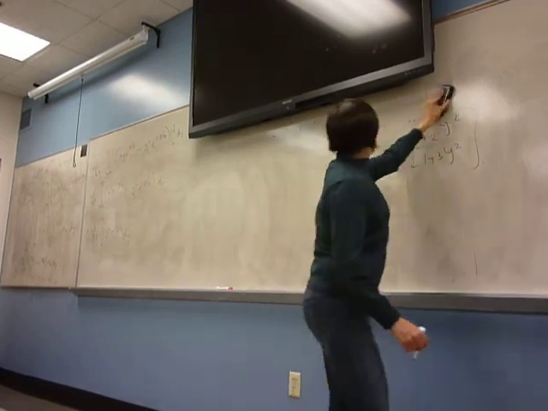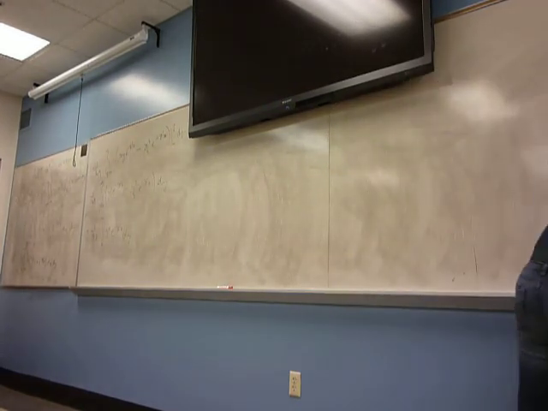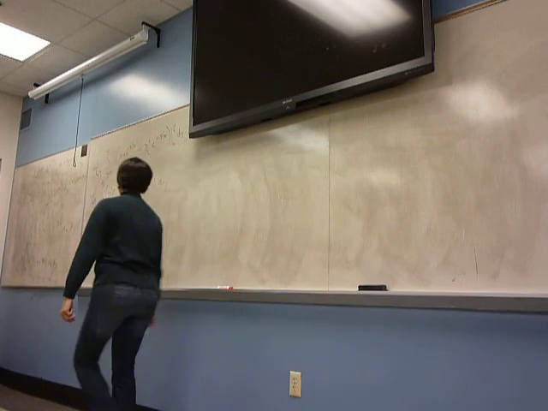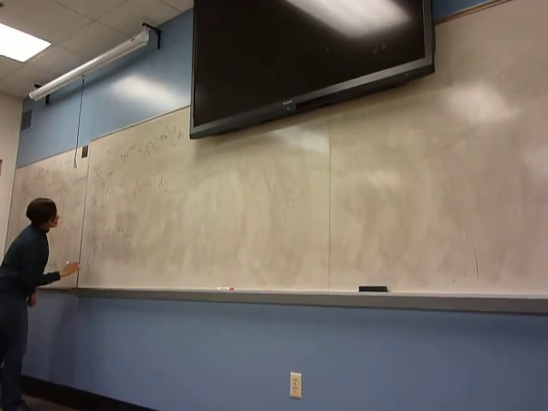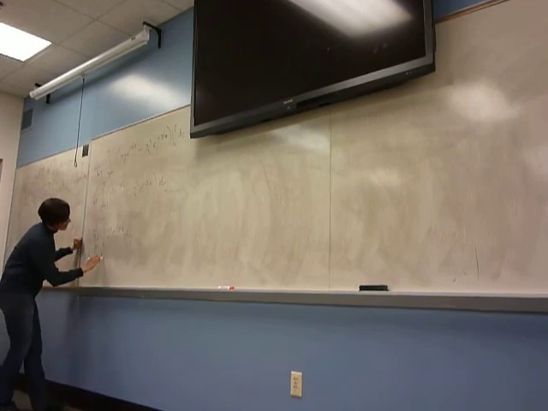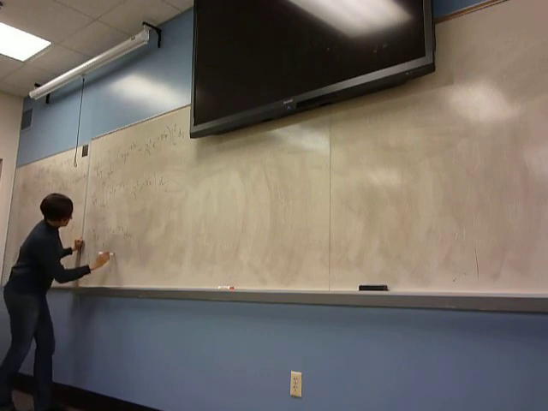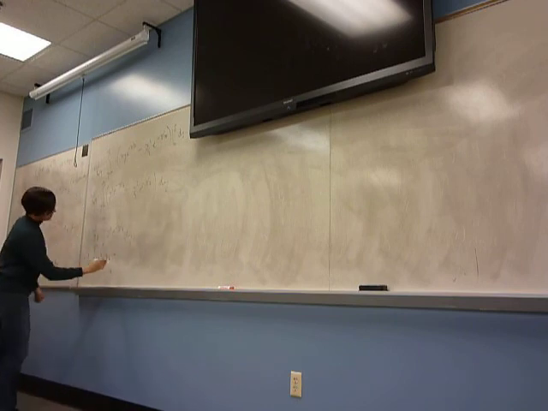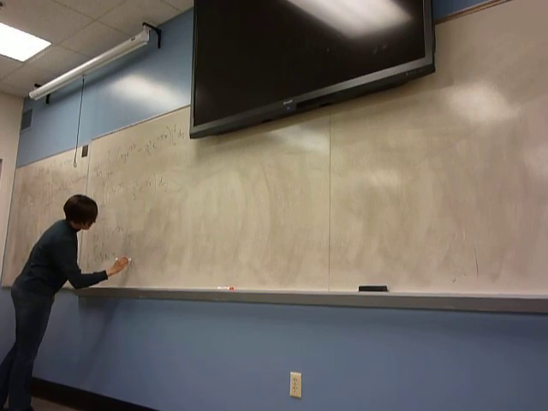So y squared times negative 7 e to the negative y over 7, from 0 to infinity, plus 7 times the integral from 0 to infinity of 2y e to the negative y over 7 dy.